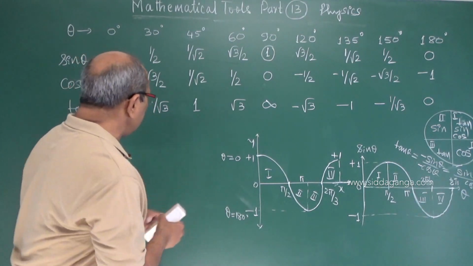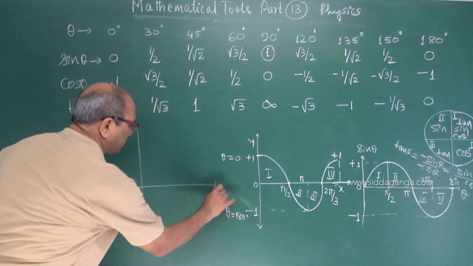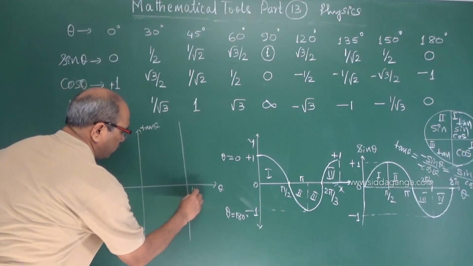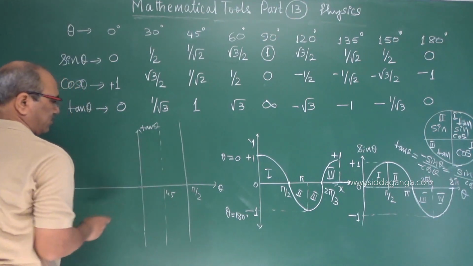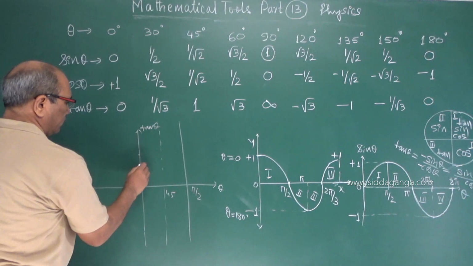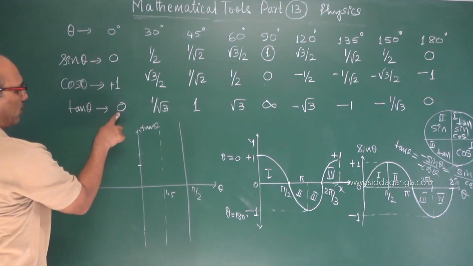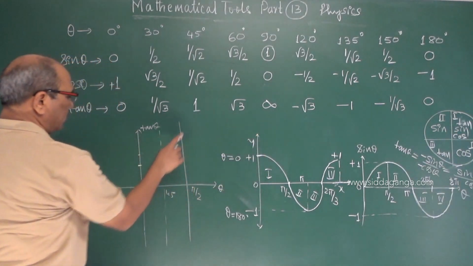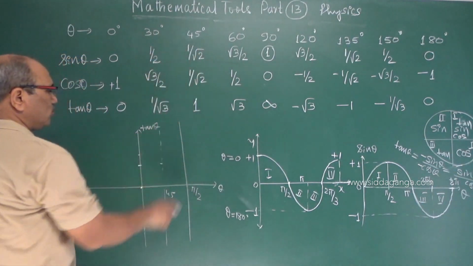So thus you are seeing the tan function. If I show you the tan function with respect to theta, at 90, pi by 2, and around 45 it takes the value 1. So at 0 degrees it is 0 value, at 45 it becomes 1, and at 90 degrees it goes to infinity.